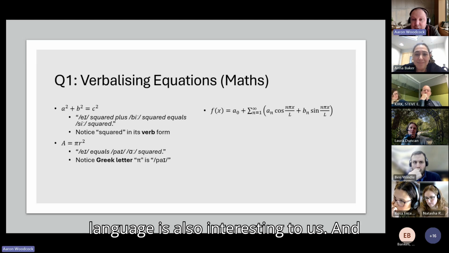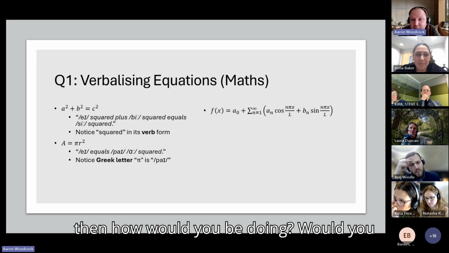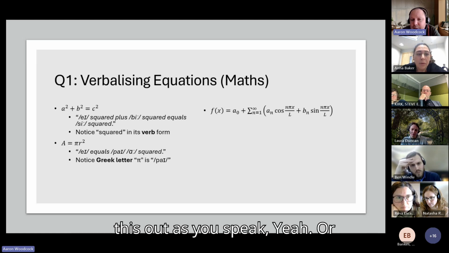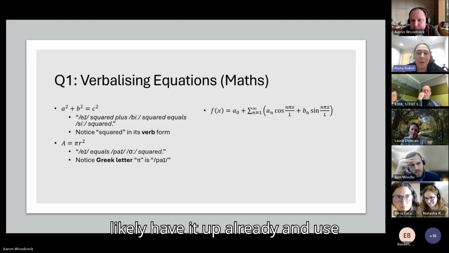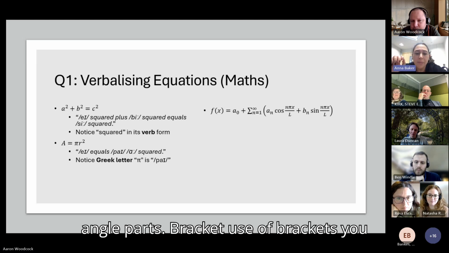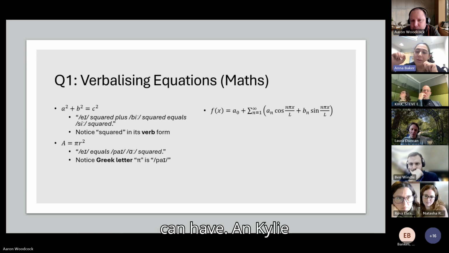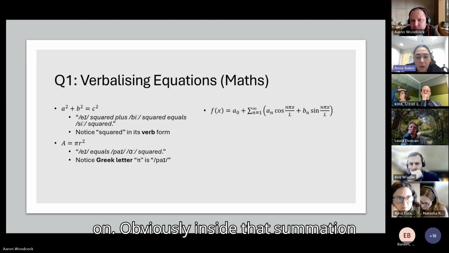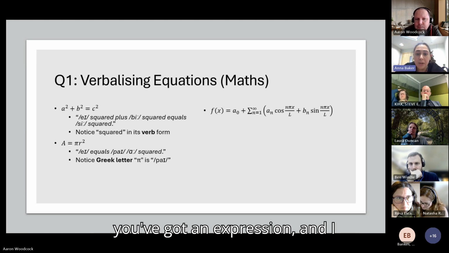Yeah, so that kind of language is also interesting to us. And then how would you be doing it? Would you be on a blackboard or whiteboard writing this out as you speak? Yeah, or likely have it up already and use color to draw attention to the actual angle part. Use of brackets. You can have curly brackets or square brackets to focus on. Obviously, inside that summation, you've got an expression.